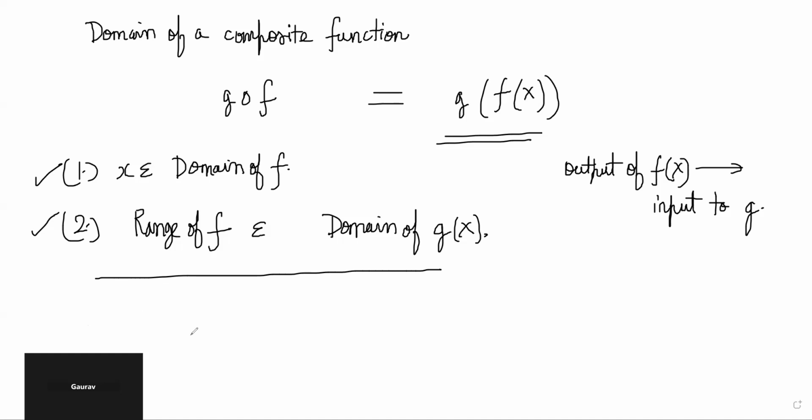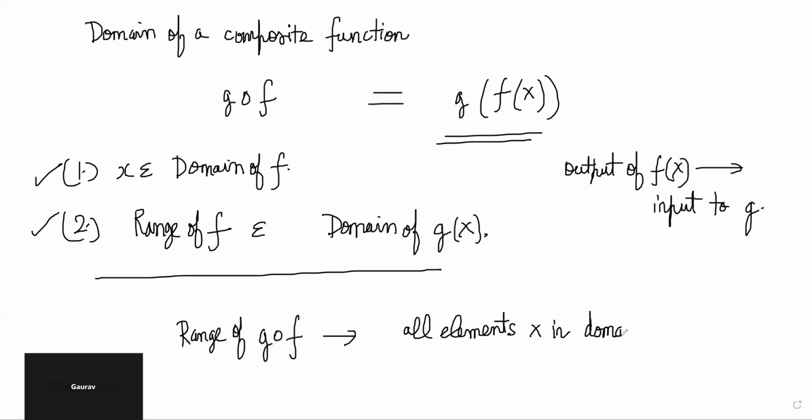Similarly, when you talk about the range of g of f function, first of all you have to think about elements x in the domain of g of f, right? And then you have to think of the outputs of the overall function when you give those elements x.